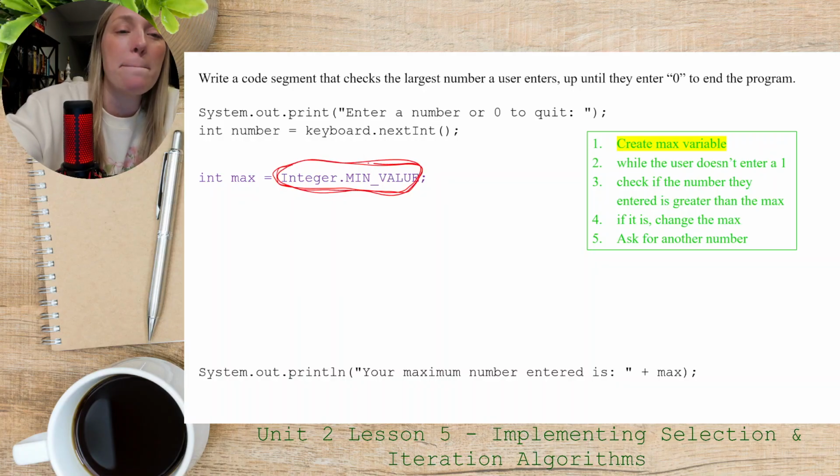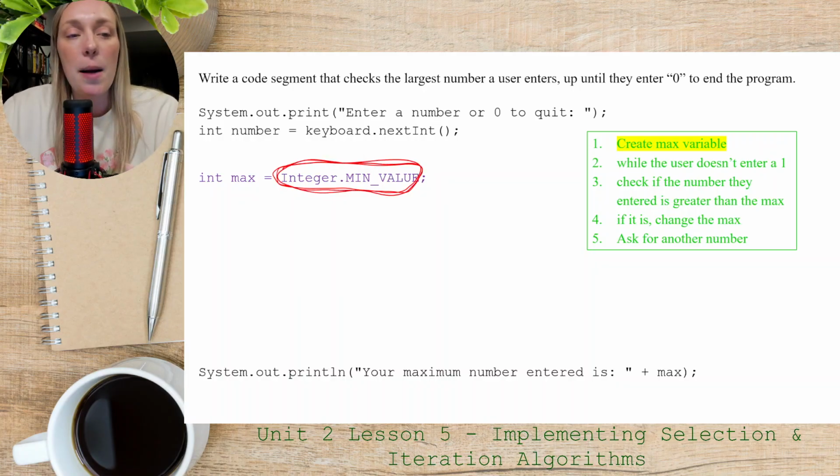Integer is a class that is available to us to use, and MIN_VALUE is a static variable that holds the minimum value of an integer, the lowest possible value that can be stored in an integer. This is a constant that we can call on.